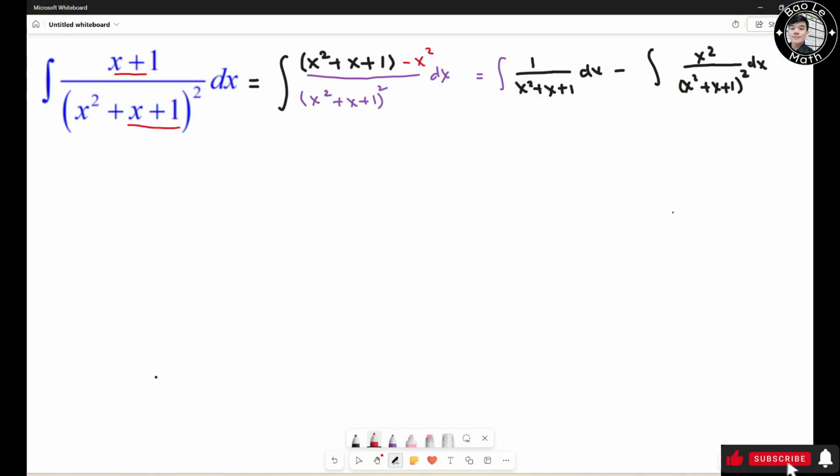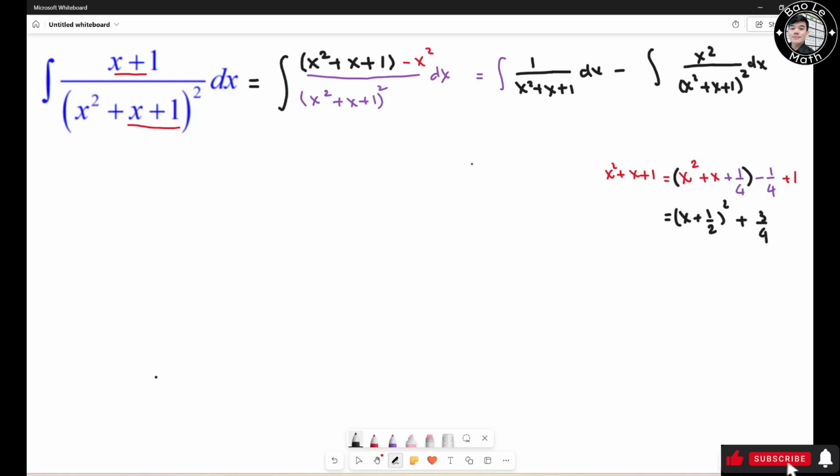So s² + s + 1 is the same thing as s² + s, and now I'm going to add 1/4 and minus 1/4 and then plus 1. The first three terms become a complete square, (s + 1/2) all squared, and the rest becomes 3/4.